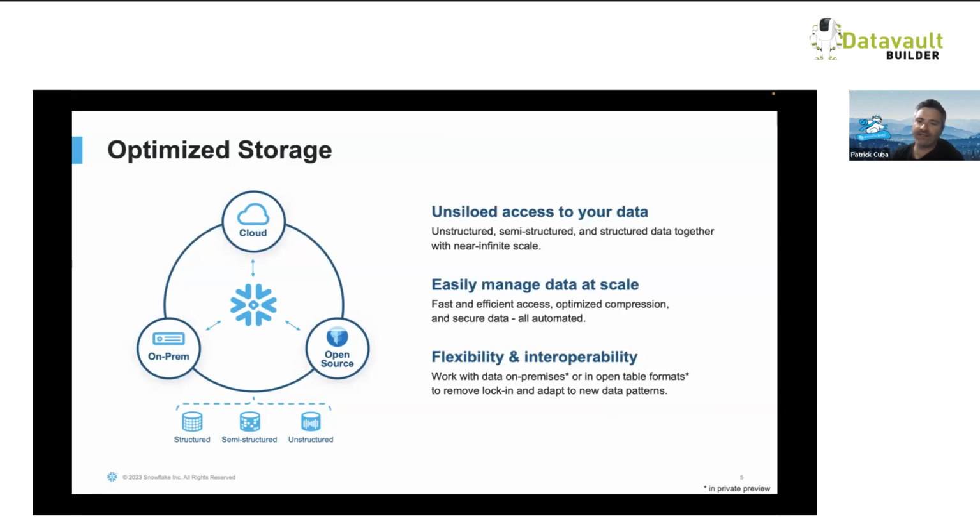And we've also recently announced, going into public preview with GA coming soon, support for Apache Iceberg tables, even managing the catalog within Snowflake itself. We also support connecting to on-premise storage through S3 compliant storage like Dell does, and Pure Storage does as well. I'm sure there'll be more.